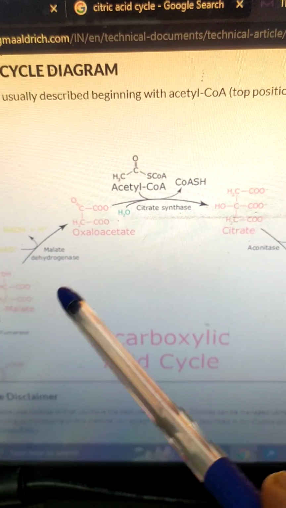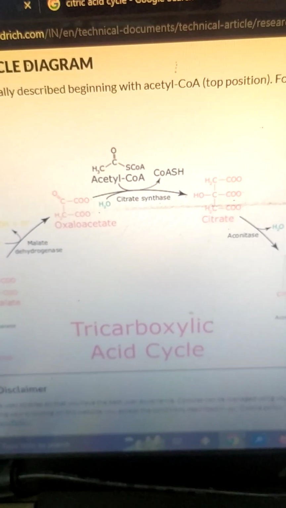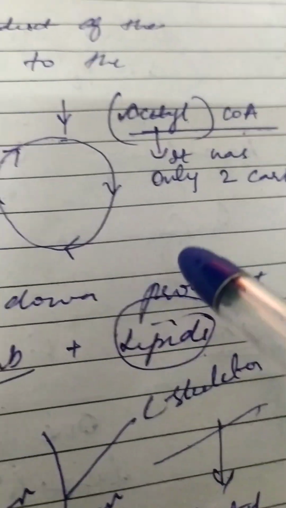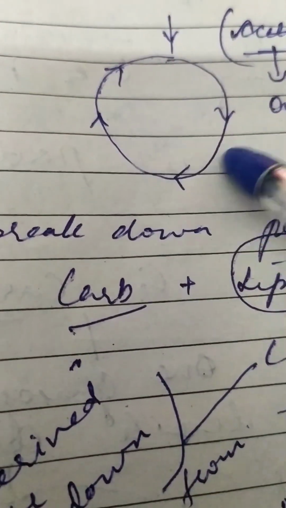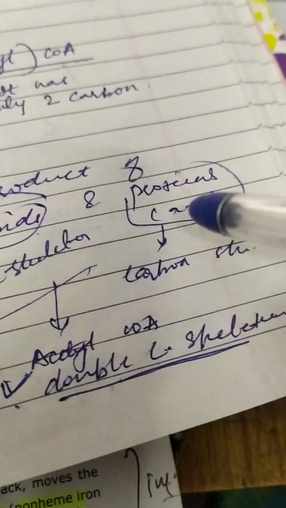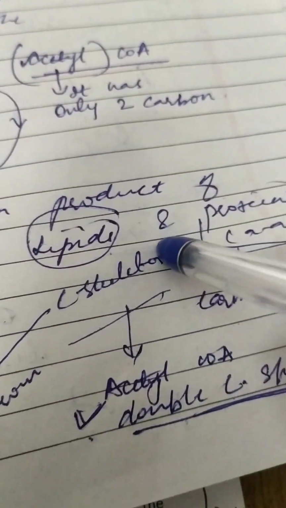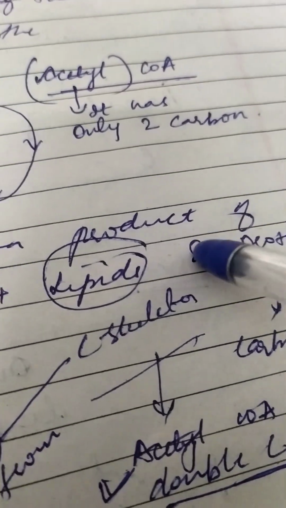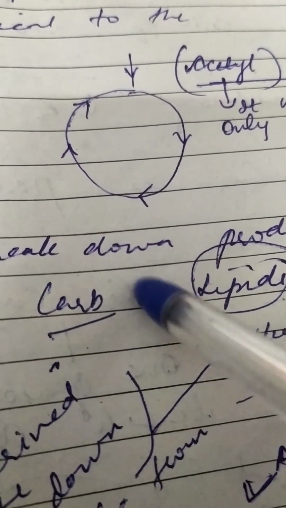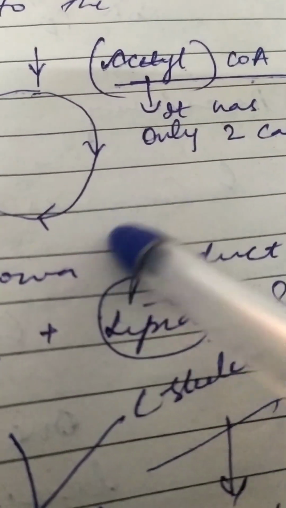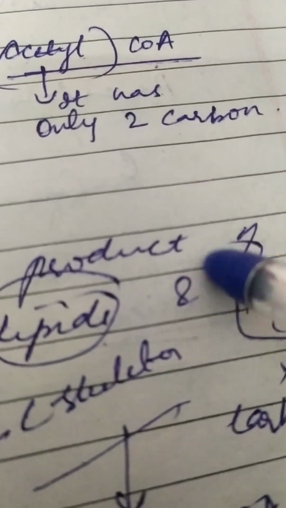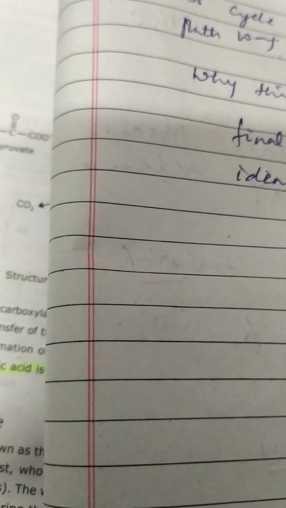So carbohydrate, lipids and protein, I have written here, the breakdown product is acetyl coenzyme A, and this is the Krebs cycle. Carbohydrate is a carbon skeleton, lipid is a carbon skeleton and protein is also a carbon skeleton.